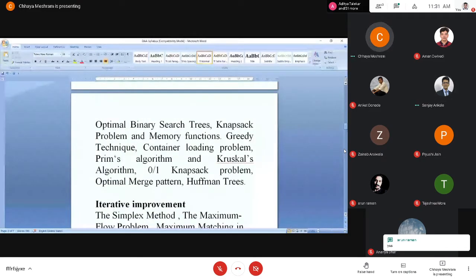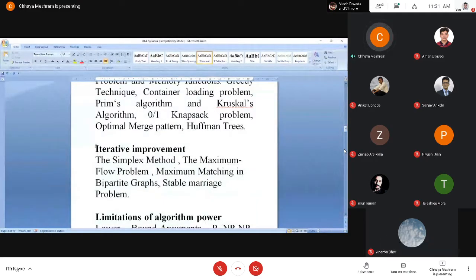Okay, so we have this iterative improvement. Under this iterative improvement, we have to study the simplex method, the maximum flow problem, maximum matching in bipartite graphs, and the stable marriage problem.